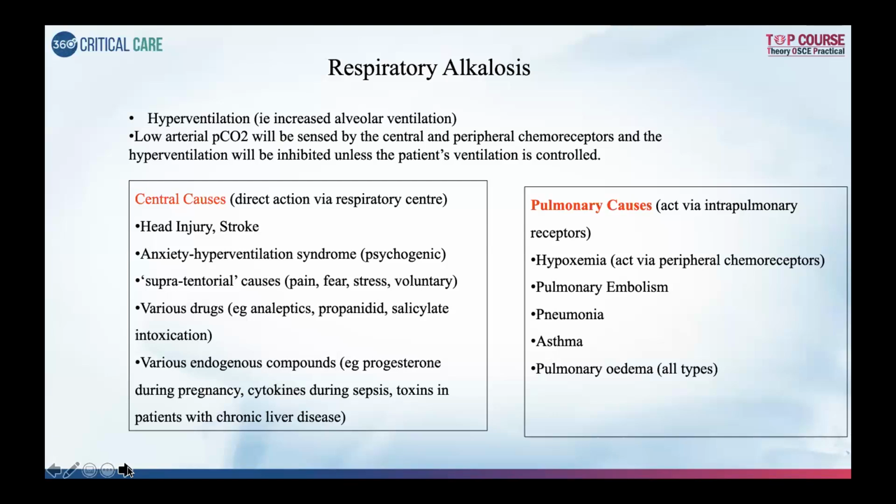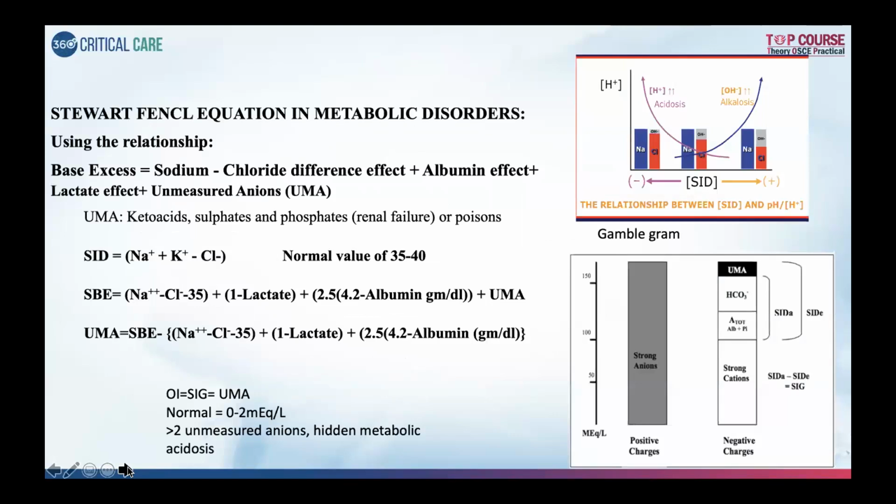The other method which you can be asked about is the Stewart approach. You have to know what this is, and most of the time you will be asked about the strong ion difference, the strong ion gap, unmeasured anions, unmeasured acids, and all those. So what is the basic principle of the Stewart approach, and why is it important?